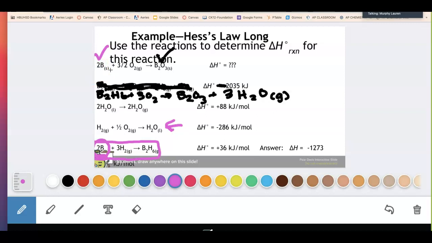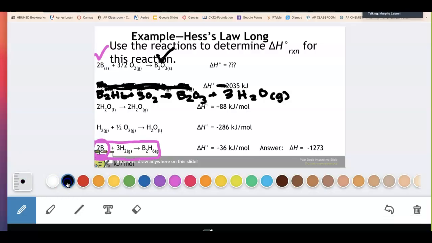And that's a problem because I need it to be on the left. So I'm going to flip this equation right here, where my arrow is, backwards. I am also going to multiply it by 3. Why? Well, there's 3 hydrogens over there, which means I need 3 hydrogens to cancel. So let's flip it backwards and multiply it by 3.